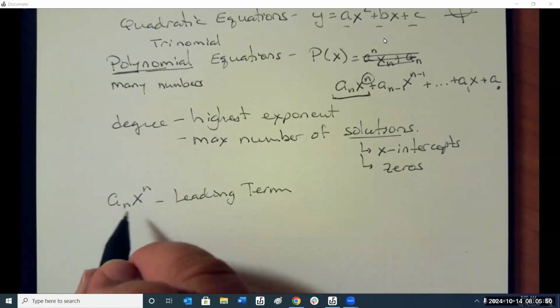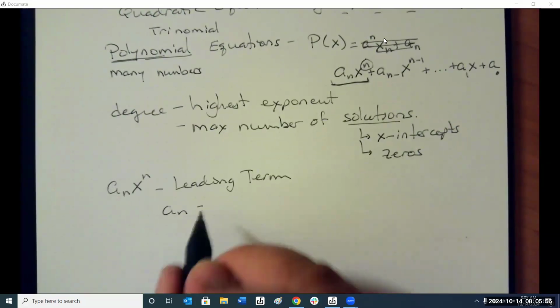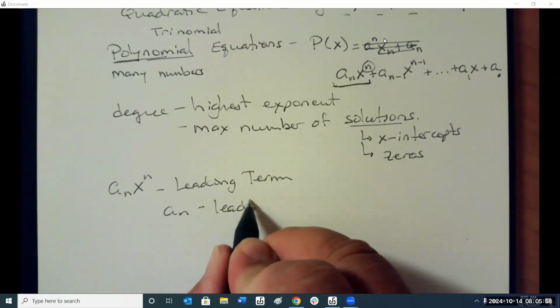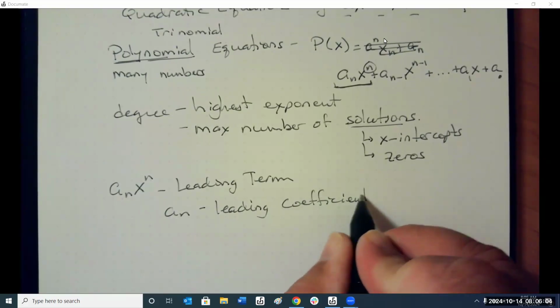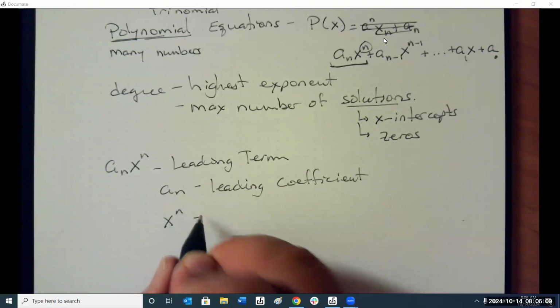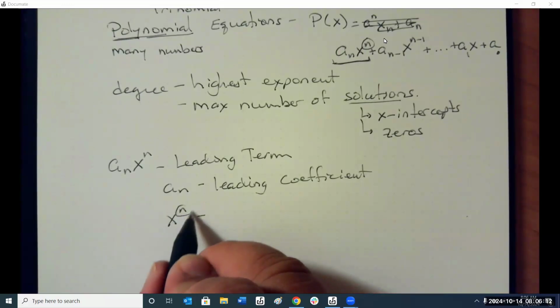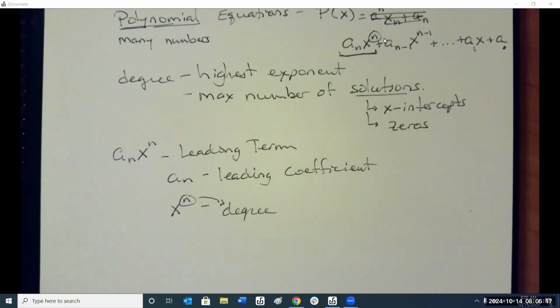It consists of a sub n, which is called the leading coefficient, and then the x to the n, where the n gives us our degree. Together, those two will give us an indication of what the entire graph is supposed to look like.